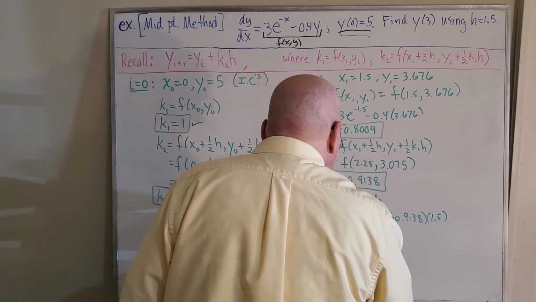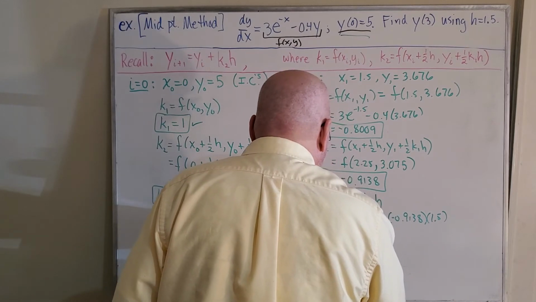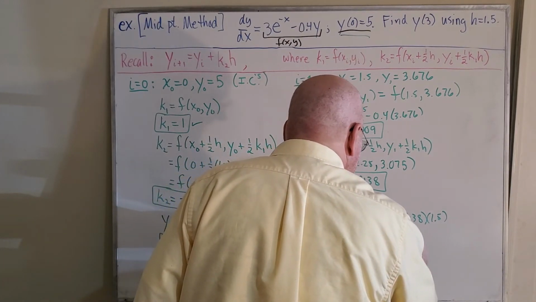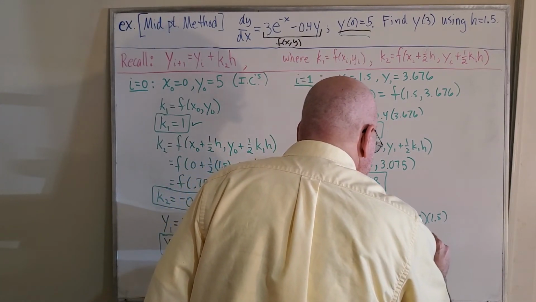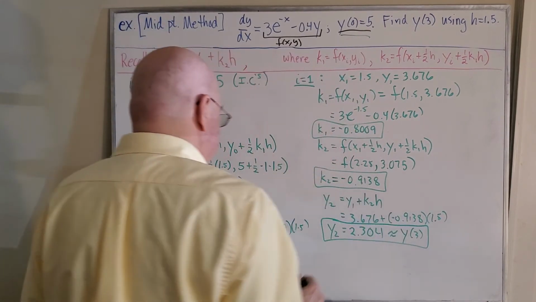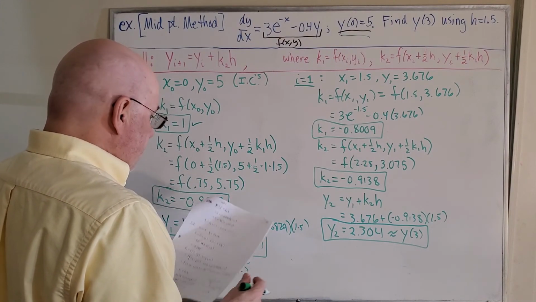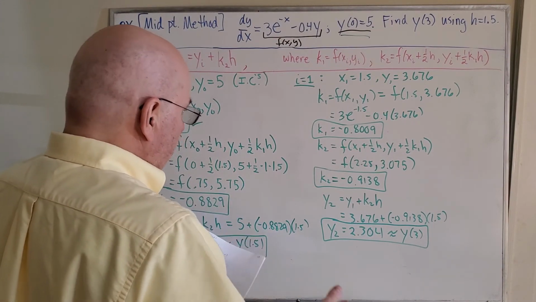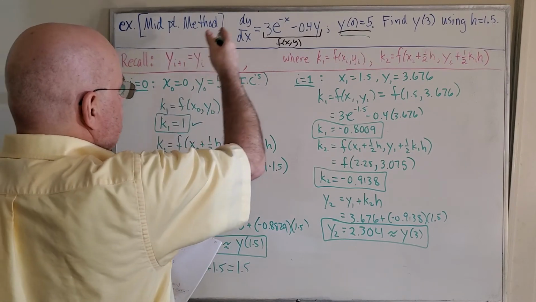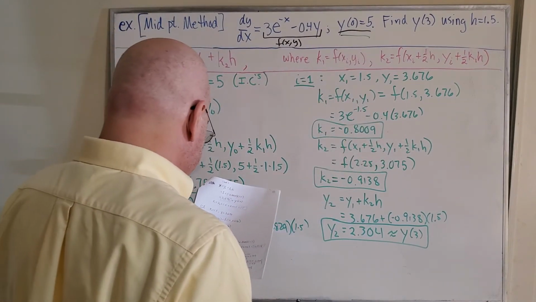And that is 2.304. So this is our estimate for y at time 3: 2.304. And of course, x2 would be equal to 3. x0 is 0, x1 is 1.5, x2 would be 3.0.